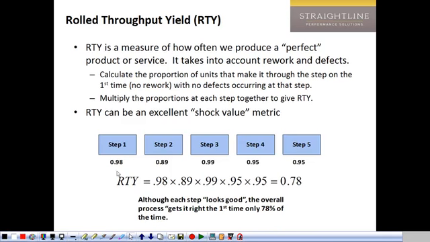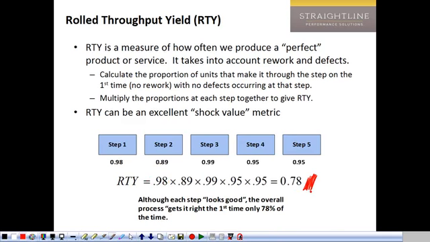Some of the steps are very, very good: 98%, 99%, 95%, 95%. In fact, the worst one is 89%, which isn't all that bad. But yet, if we look at the rolled throughput yield, this is only the stuff that gets through without having to be reworked and without having to be scrapped, it is 78%. So just in this 5-step process, it's gone from 100% to 78%, over 20% scrap or rework.